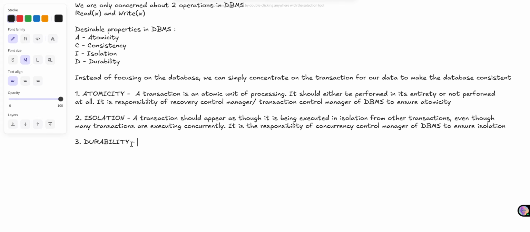But in transactions, durability is nothing but that the changes applied to the database by a committed transaction must persist in the database.